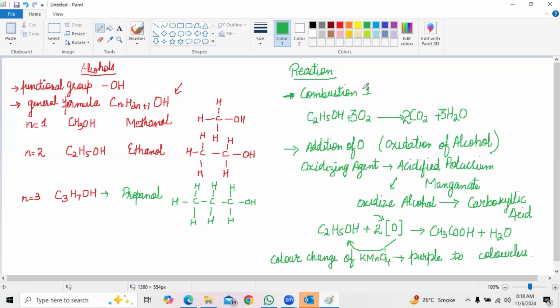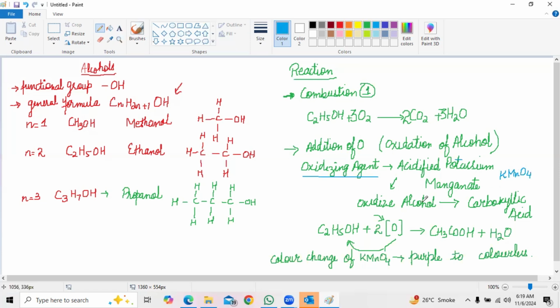So this is basically two reactions. The combustion reaction is number one, okay, where it reacts with oxygen and would be forming carbon dioxide and water. Then there is addition of oxygen that is basically done by an oxidizing agent. So this is going to be an oxidizing agent, and that would be acidified potassium manganate, that is basically KMnO4.